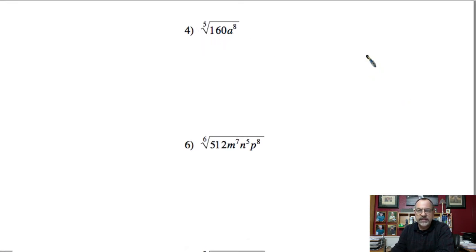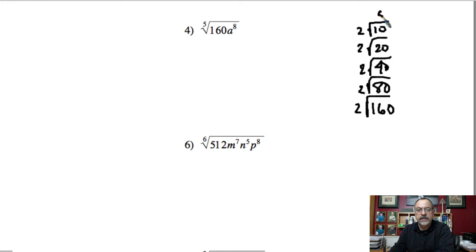So 160, I'm probably going to need a little bit more room than that. I'm going to do my upside down prime factorization. So this is 2, 20, and then 10, and 2, and 5, and 5, and 1. Okay, so my index tells me that I need 5 of the same number in order for that to simplify to a single value.